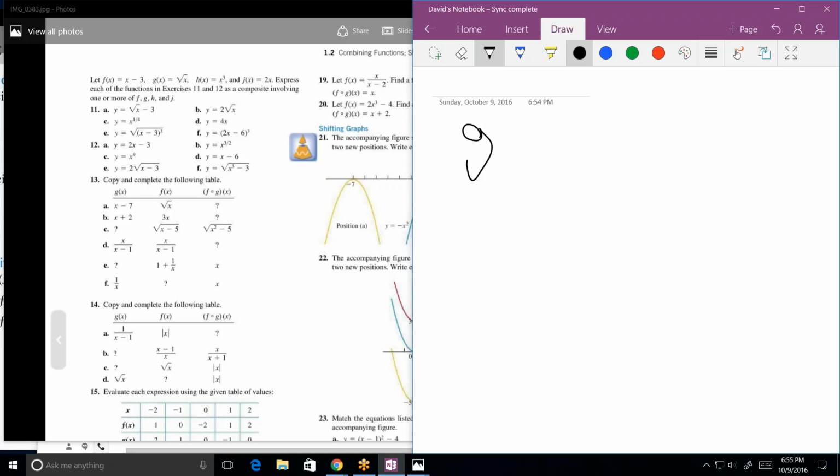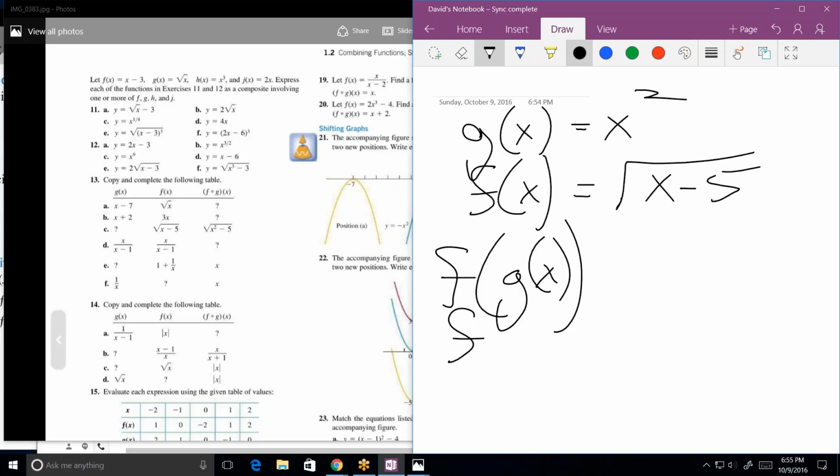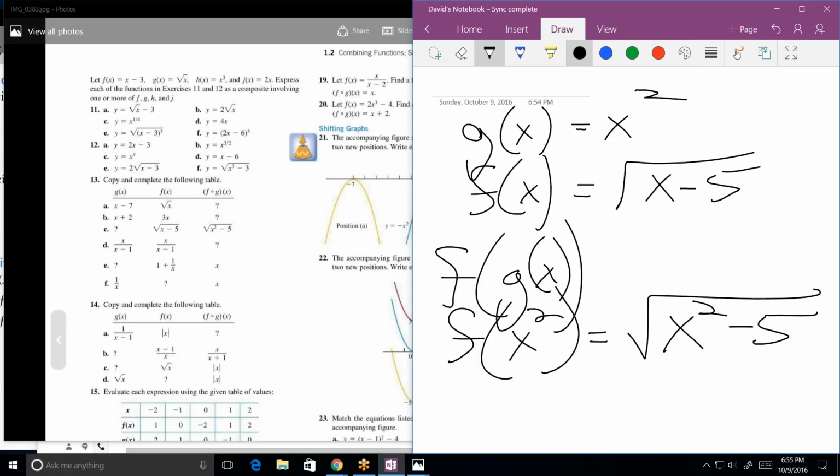So let's figure out if that's true. If g of x is x squared, and f of x is the square root of x minus 5, then f of g of x is the same as f of x squared, and that is x squared minus 5. So that is the correct way to do it. And you have to do that on all of these, I guess.